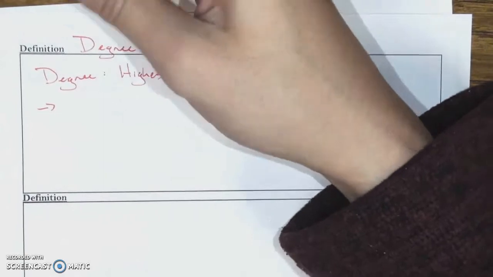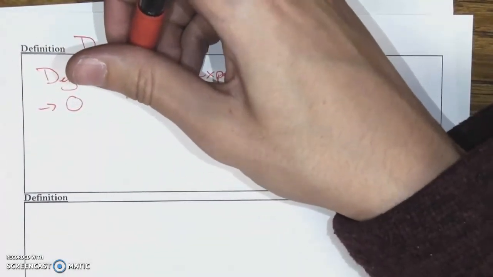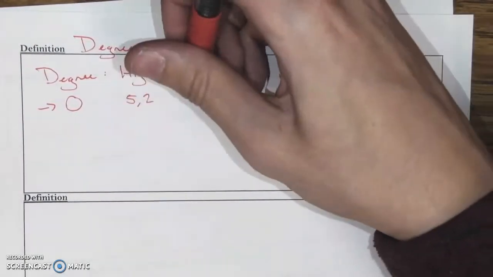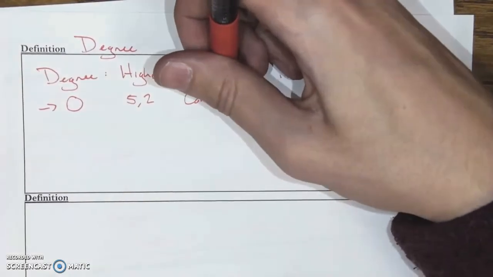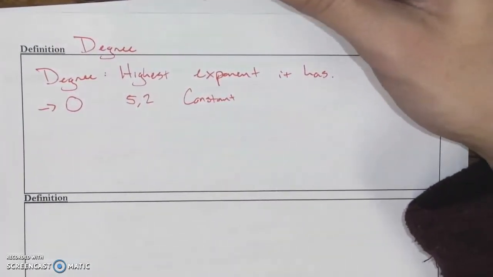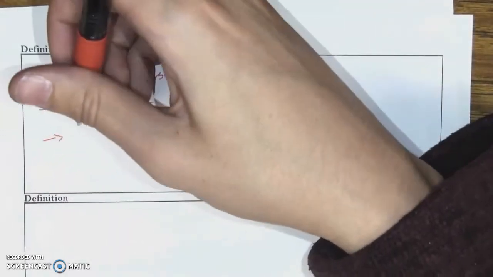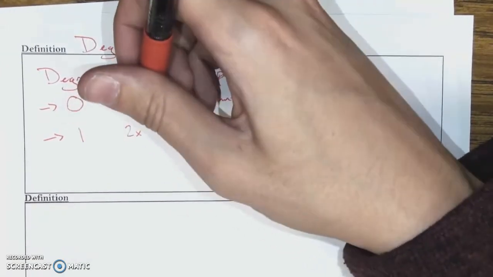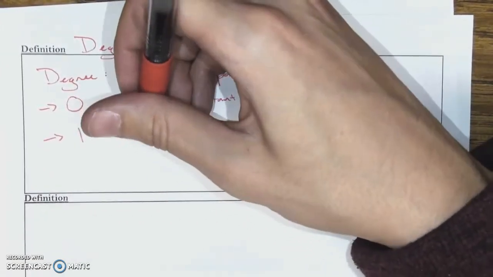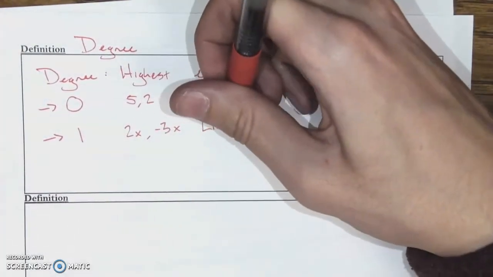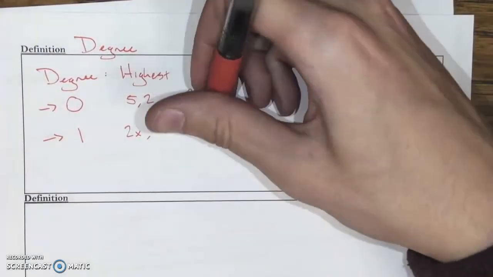If the degree is 0, then we call that just a constant. A few examples, 5 and 2. Those are just constants. The exponent is 0. If the degree is 1, the exponent is 1, so 2x or negative 3x, we call that linear. And these vocabulary terms you must know.